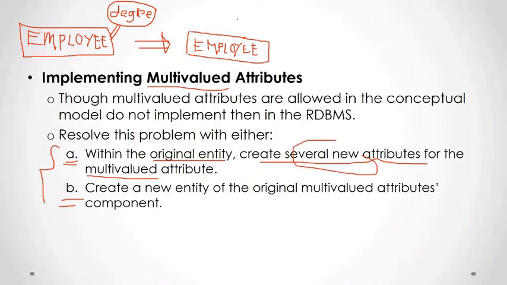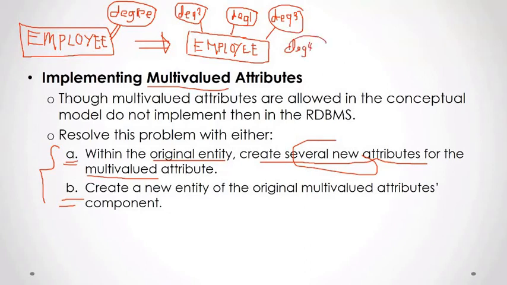So probably we will have here degree 1, and you will put here degree 2, and then you will put here degree 3, and probably you will put here degree 4, and probably you will put here degree 5. Okay, so let's just stop up to 5.